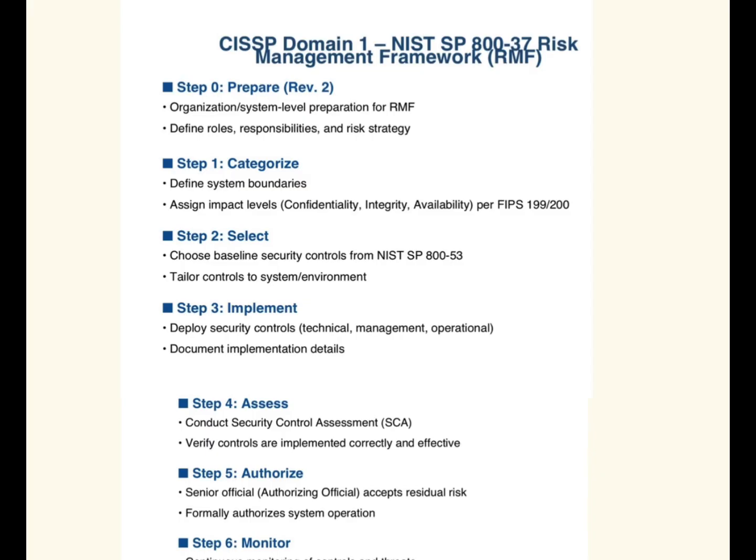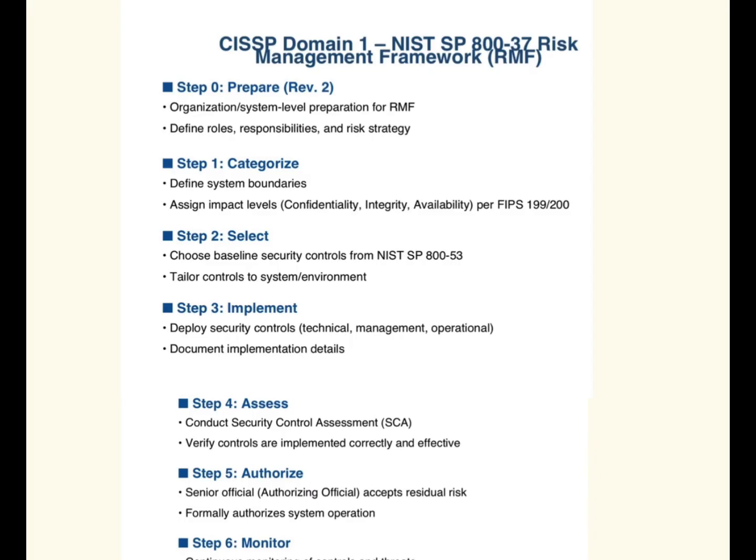So if the question asks what scope RMF applies to, the answer can be: system level process. How does it tie into enterprise risk? It aligns system risk decisions with the organization-wide risk strategy.